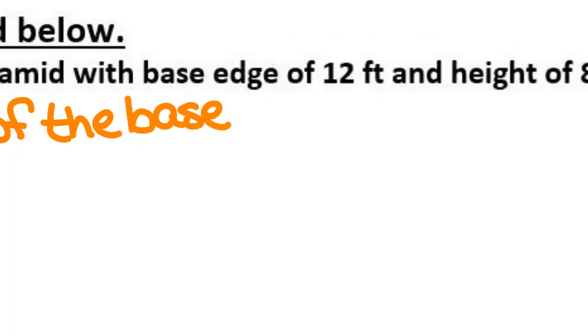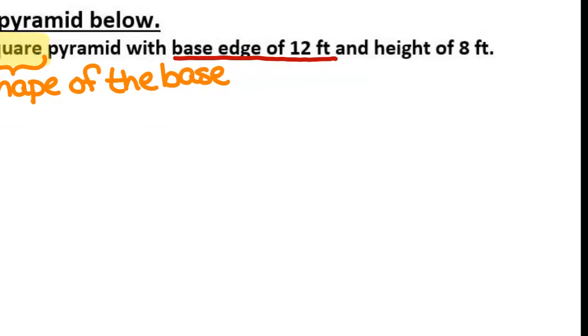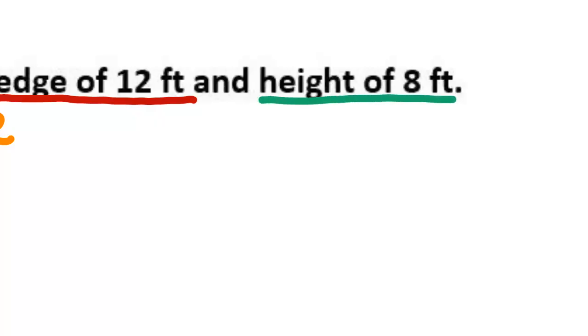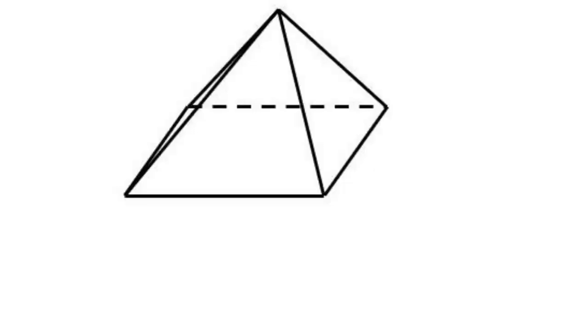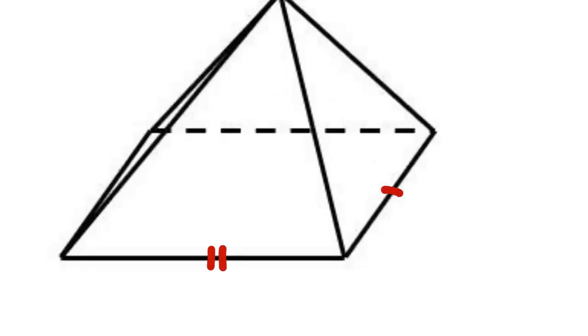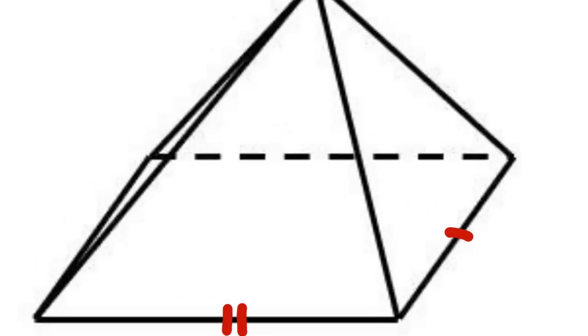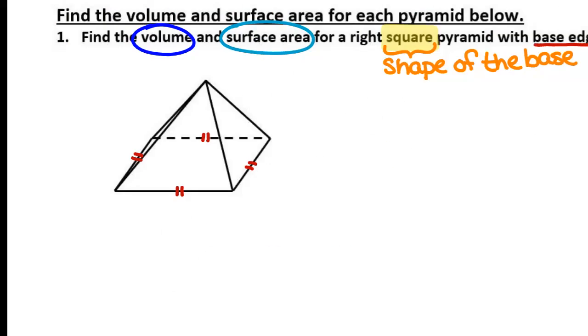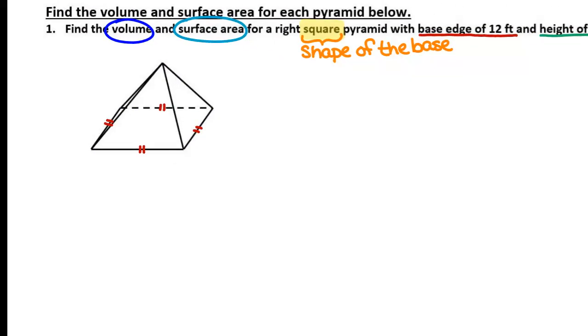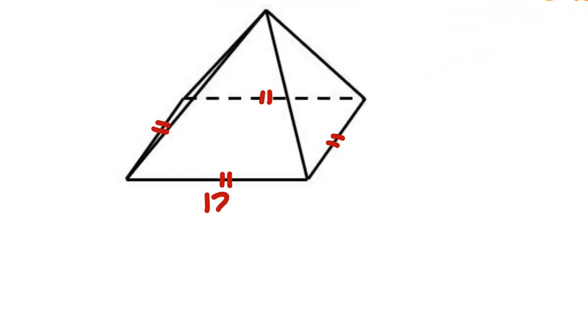It says we have a base edge of 12 feet and a height of 8 feet. So it tells me the base is a square. That's what the right square pyramid means. So all 4 sides of the base are congruent. And how big is each side? 12 feet. So we're going to add that to our picture.